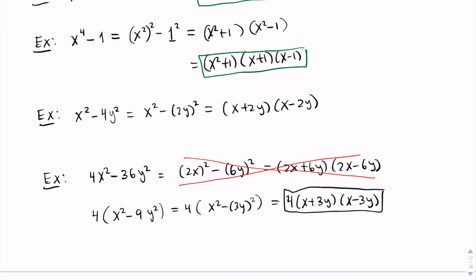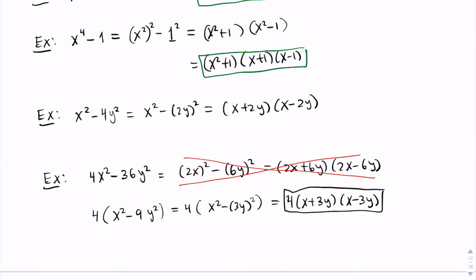Why did you turn negative 9y squared into 3y squared? So that this becomes the difference of two squares. This is a squared expression, and this is a squared expression as well. Wasn't it already squared before? The 9, I want to see as something squared, so 9 is nothing more than 3 squared. If I put it together, it will be 3y, all of it squared, because that will give me back 9y squared.